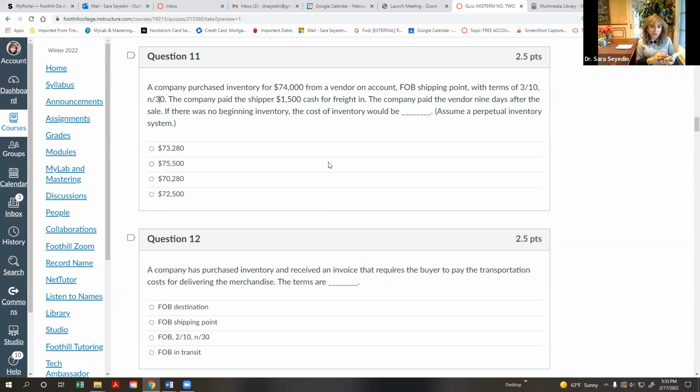Oh, I think I didn't do my calculation correctly. 74,000, oh, I put 47,000. Sorry, times 0.97 is 71,780. Now it's correct. Plus 1,500. I keep making calculation mistakes.